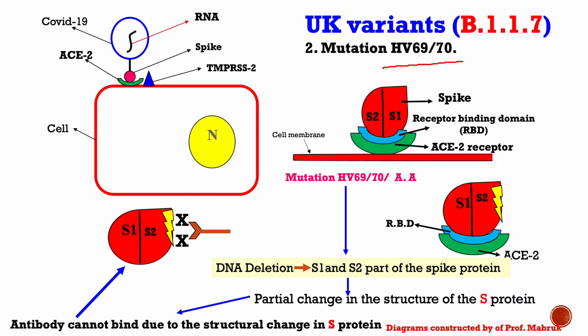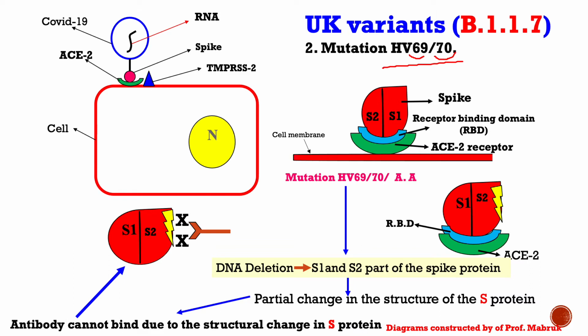This deletion resulted in amino acid substitutions in the spike protein of the coronavirus COVID-19. This amino acid substitution occurred at amino acid number 69 and 70.